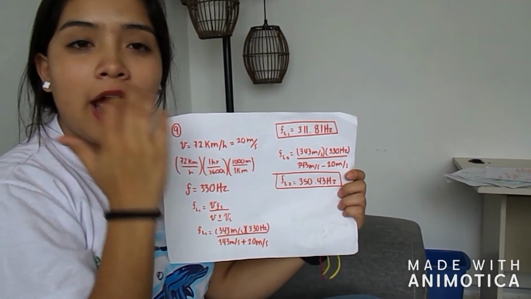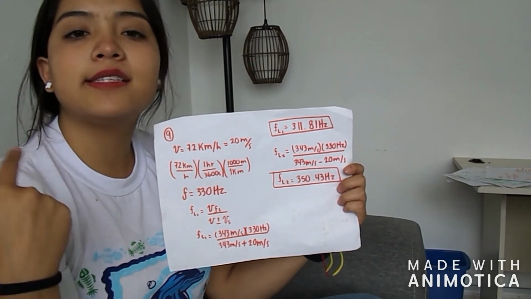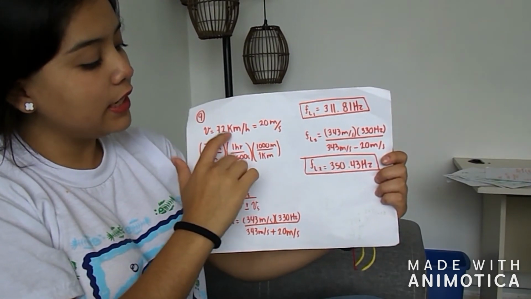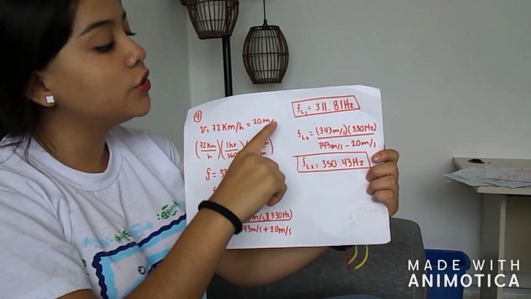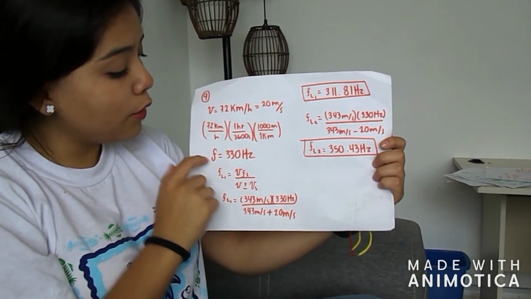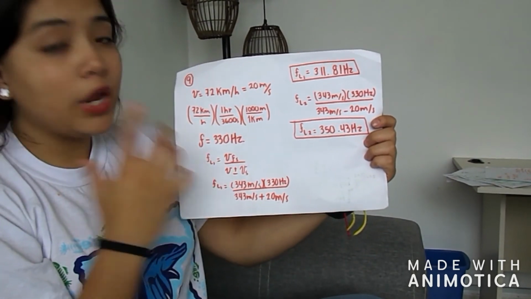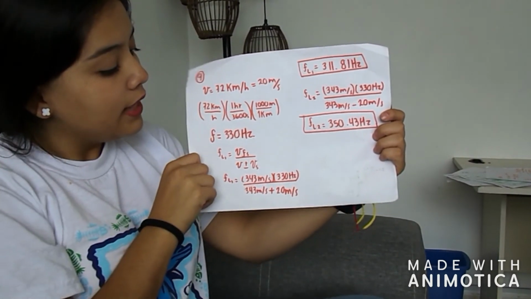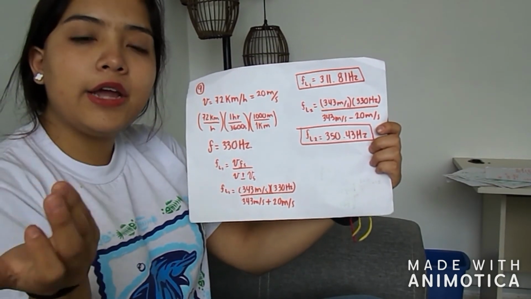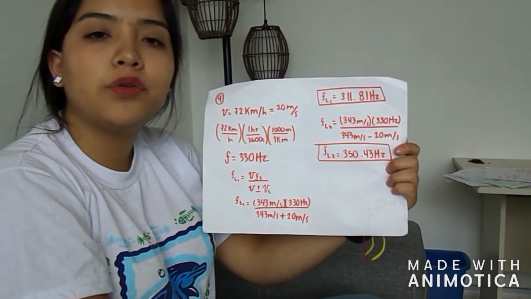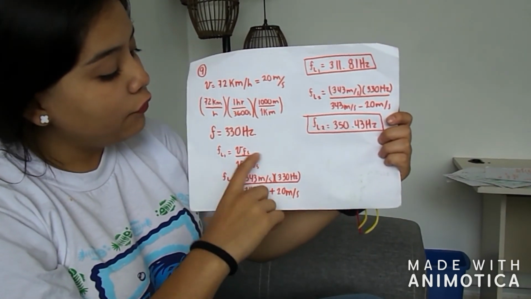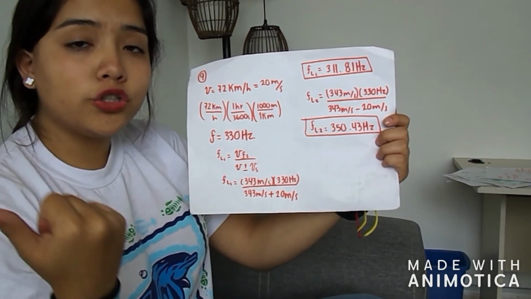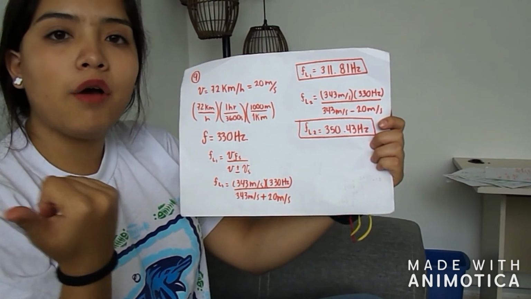In problem number 9, they are asking us for the frequency of the listener when a source is moving away or approaching. So we have our data that is velocity in kilometers per hour, so we're going to change it to meters per second. Then we have the frequency, and we are going to use the formula of the frequency of the listener, that is the velocity of the air at a normal temperature, that is 343 meters per second, times the frequency of the source over the velocity of the air, adding or subtracting the velocity of the source.